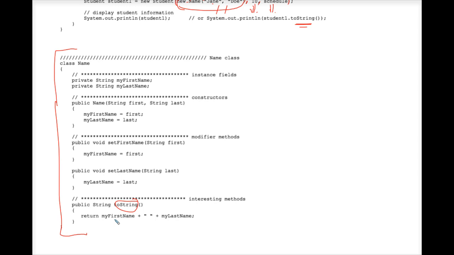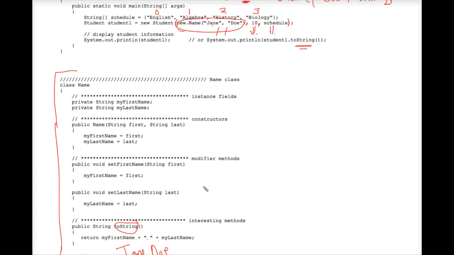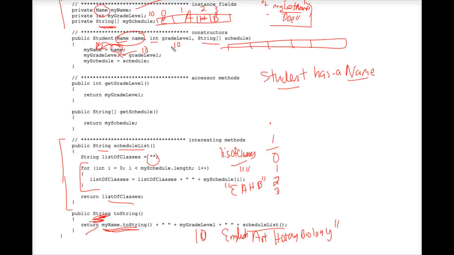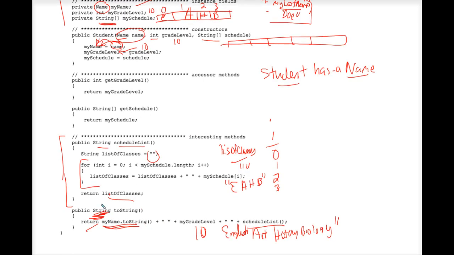And its toString method returns my first name concatenated with the space concatenated with my last name. So Jane Doe, for the current object that we are talking about, is it Jane Doe? Yes, it's Jane Doe. Jane Doe is being pulled out of this name object, and it's being returned back down to where we're calling my name.toString. So this is really Jane Doe.